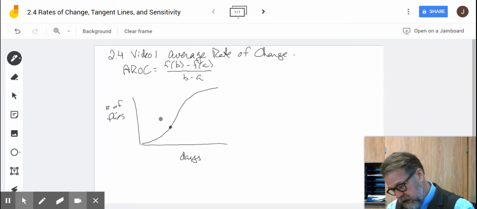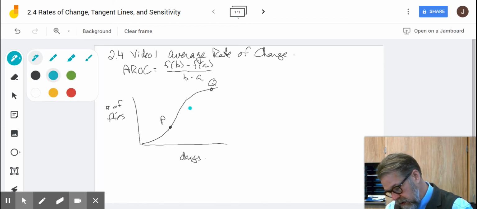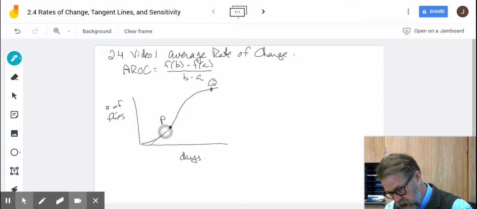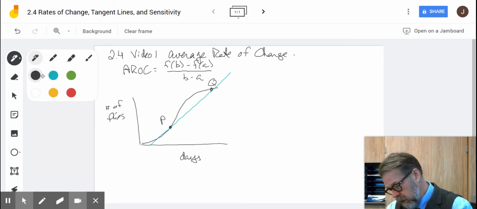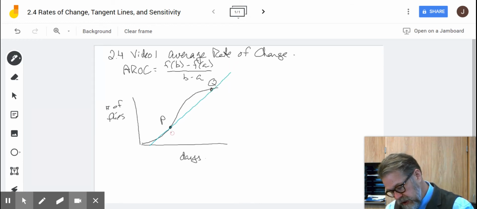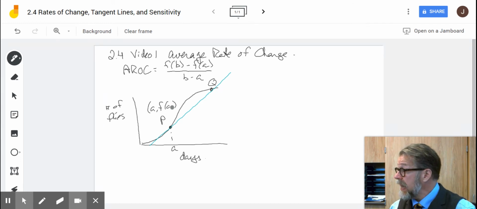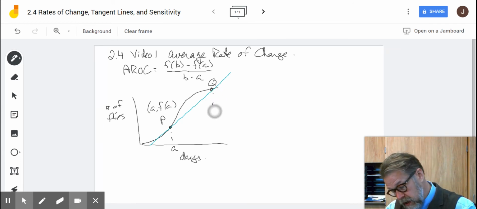And if we take some point P and some point Q, we know that the slope of this line right here, and we'll call this A, so we have coordinates A, comma, F of A, and we'll call this B.